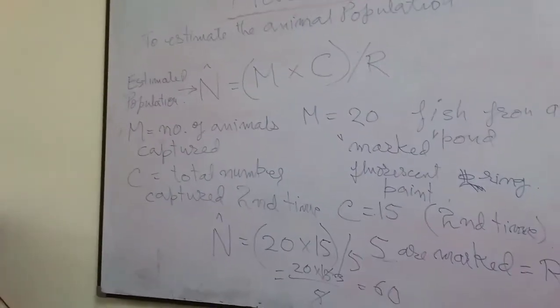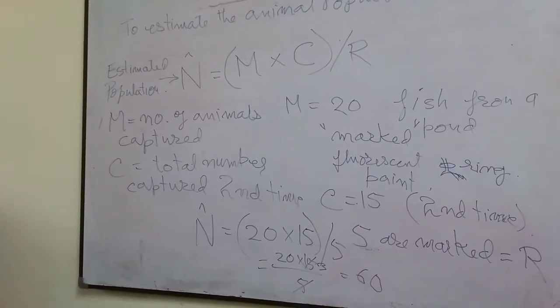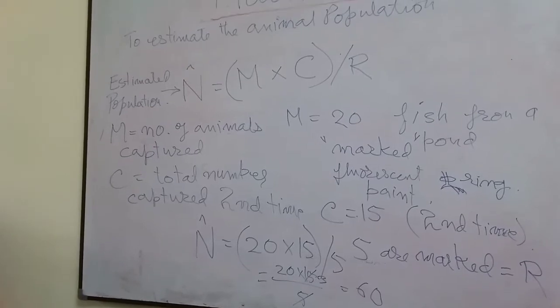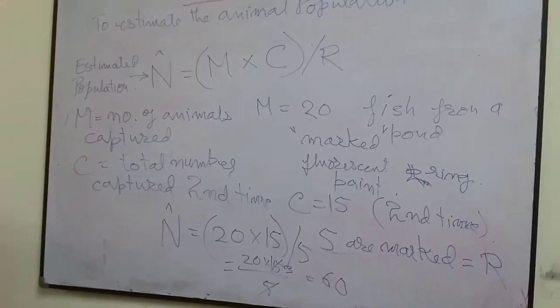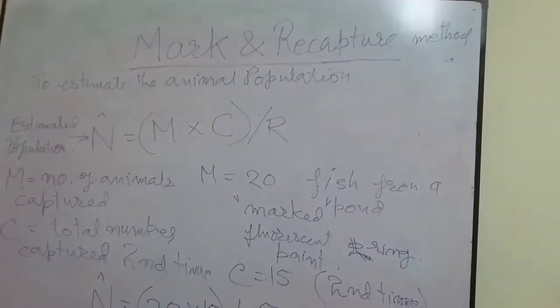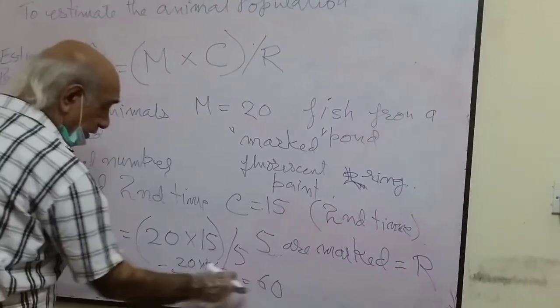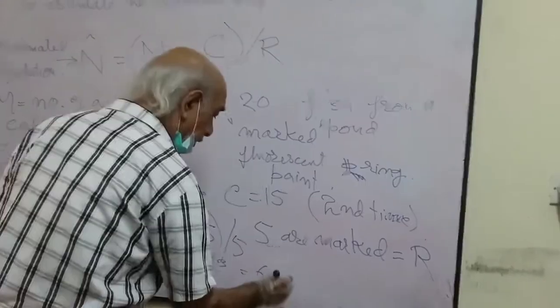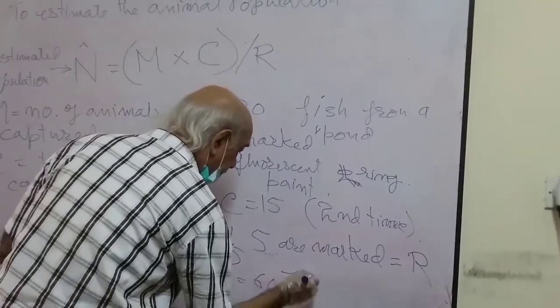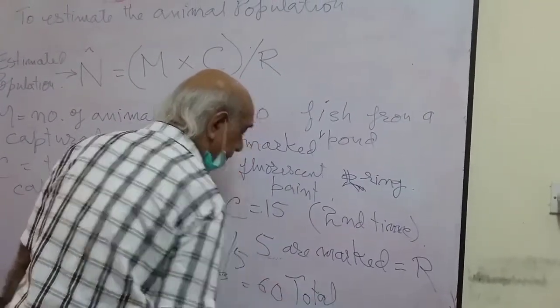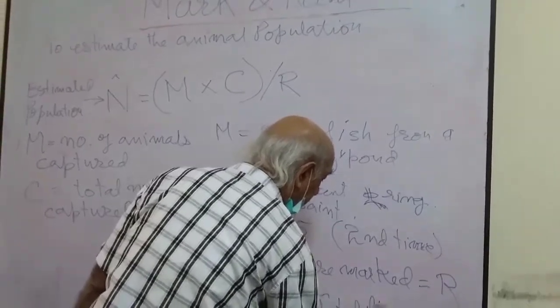There are 60 fish in all in the pond, the total fish population in the pond.